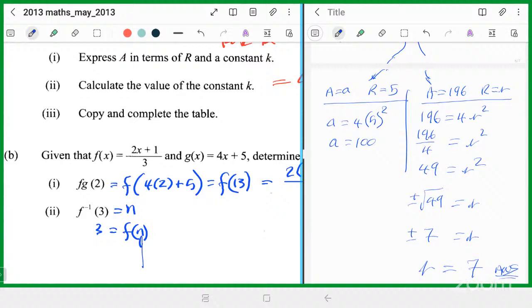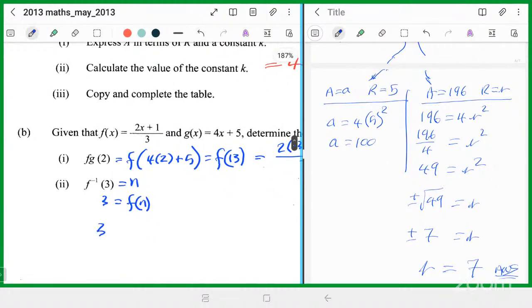When you calculate n, you found the answer. F of n, I'm going to put n there. So that means 3 equals 2n plus 1 over 3. You have to do the inverse. You have to make n the subject. When you find the n, you find f to the minus 1 of 3.